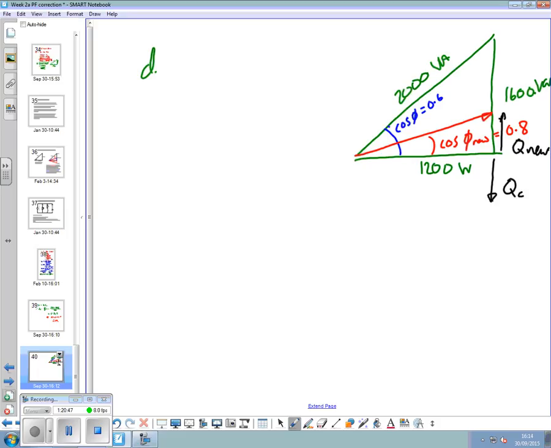So if we can find that bit, we can take it away from that and we'll have what's left. You all with that? Yeah? So, how can I go about finding the length of that little bit of line in there? Q new.